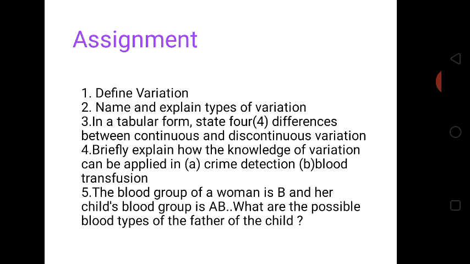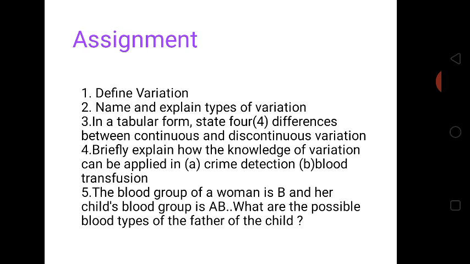1. Define variation. 2. Name and explain types of variation. 3. In a tabular form, state four differences between continuous and discontinuous variation. 4.